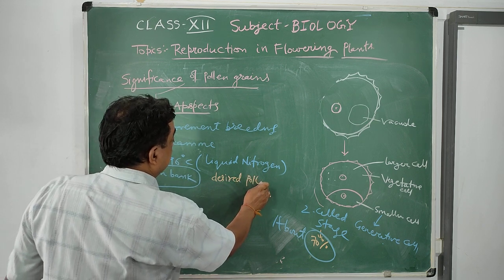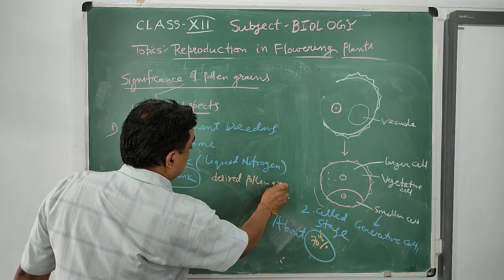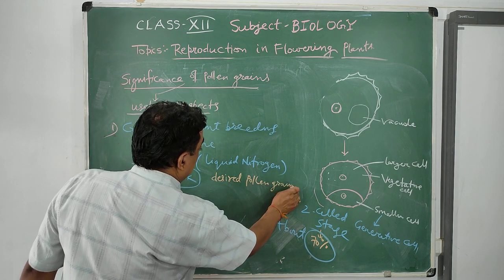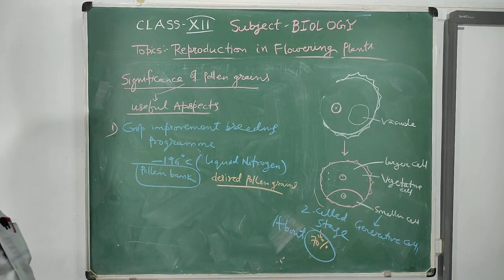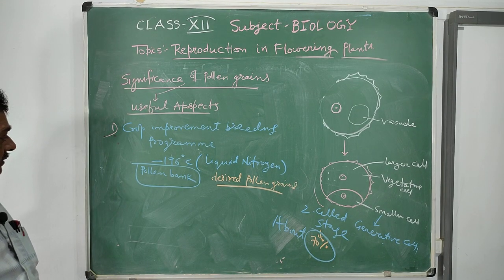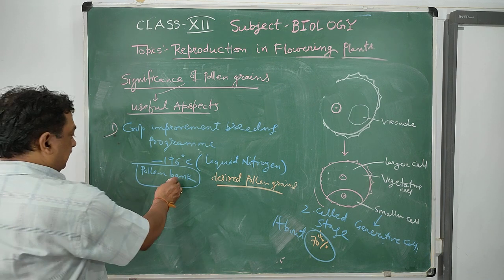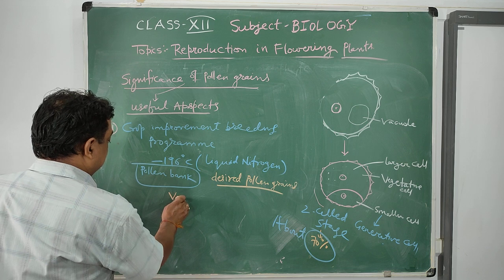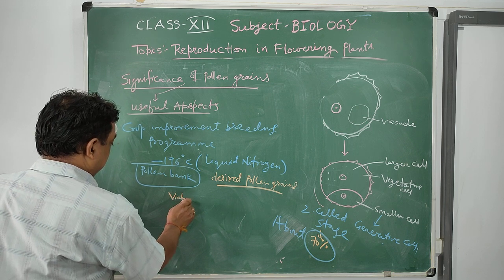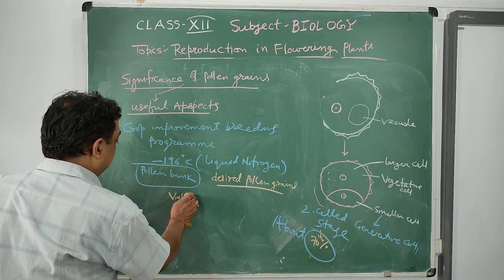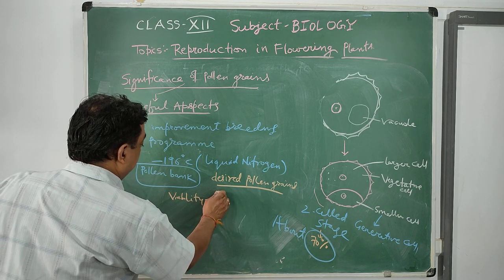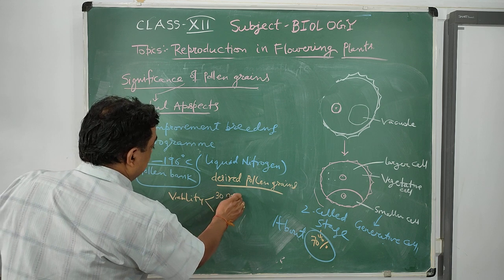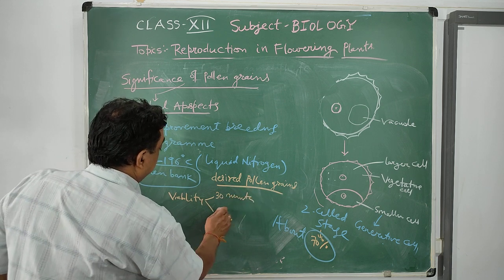Desired pollen grains are collected and stored in liquid nitrogen, which provides minus 196 degrees centigrade, because the viability of pollen grains is variable. In a few cases it may be 30 minutes, or in a few cases 1 month.